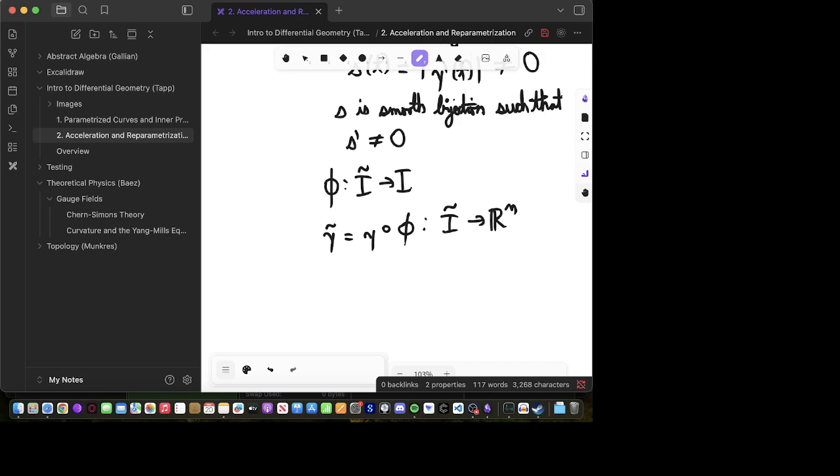Let's take a look at what happens when we compute the speed of our reparametrized curve.